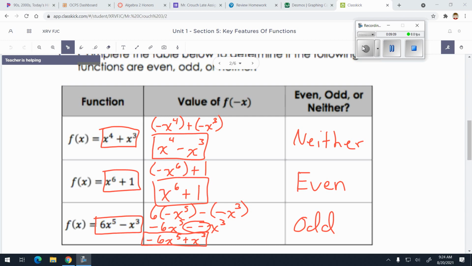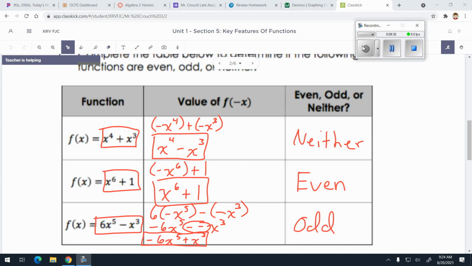Little shortcut. Okay? Can odd functions have a constant at the end of them? Why not? No matter what you do to the function, if I have a constant at the end of an odd function, it will not be odd anymore because the sign of that constant will never change.